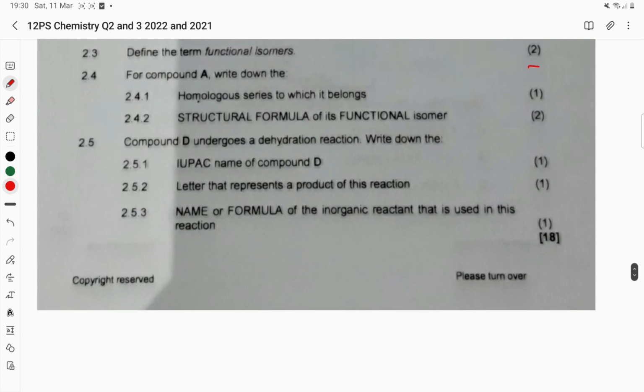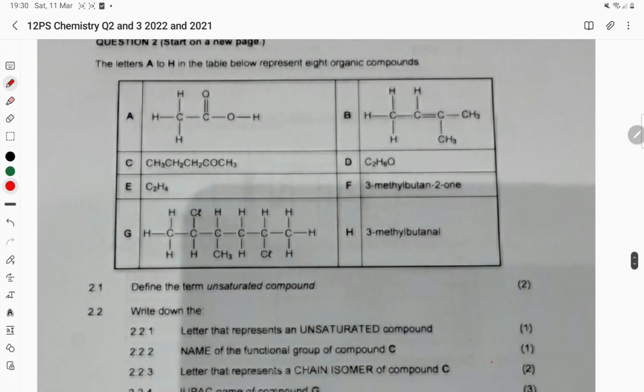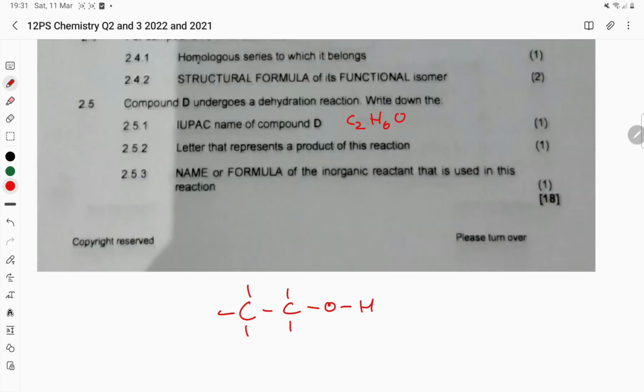Write down the IUPAC name of compound D. They're trying to see if you remember a carboxylic acid and an ester both have the same molecular formula. So there should be a 2 carbon ester. Sorry, my bad, it's not an ester. It will be an alcohol. So the alcohol gets dehydrated.